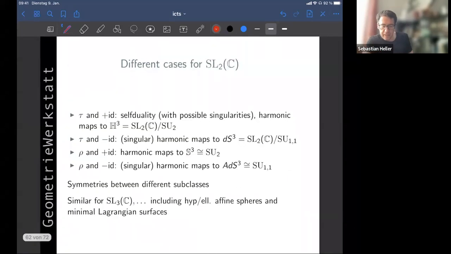And I just want to mention that you get similar results for higher rank. So for example, in SL3C, you get as subclasses the hyperbolic and the elliptic affine spheres, which are also distinguished by signs, and you get minimal Lagrangian surfaces and so on.